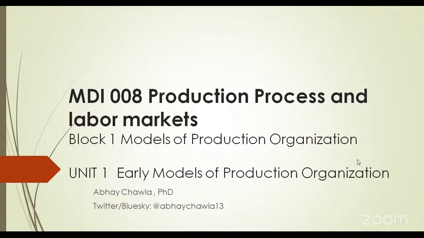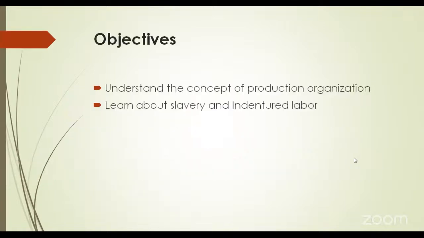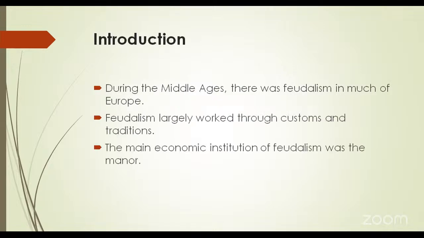So let's look at the early models of production organization. We are looking at the concepts of production organization, about slavery and indentured labor. So, in the Middle Ages, there was feudalism in much of Europe. If you are able to relate to what we have seen or heard or read in India, there were kind of similarities.